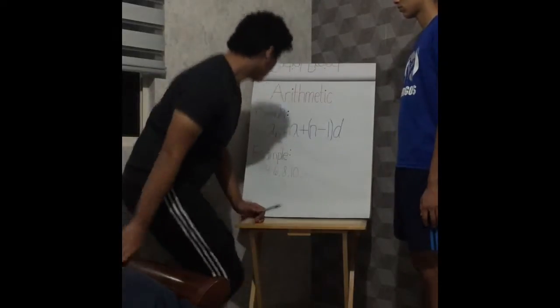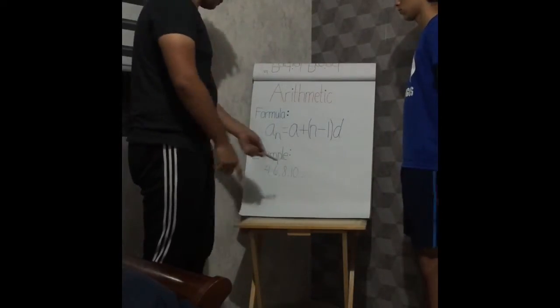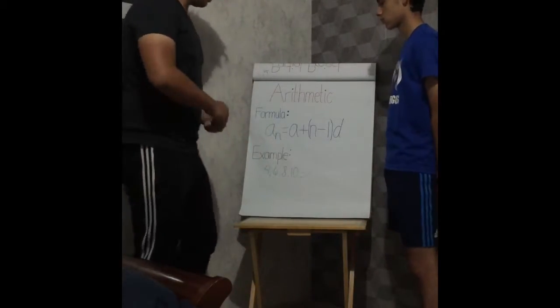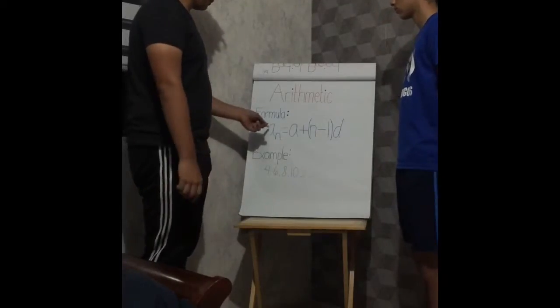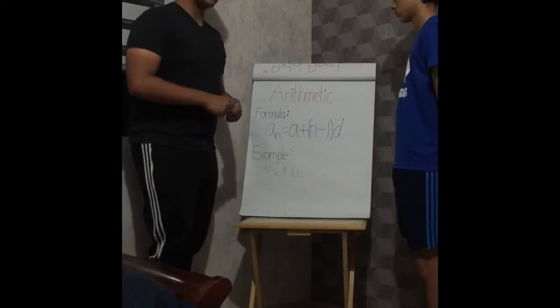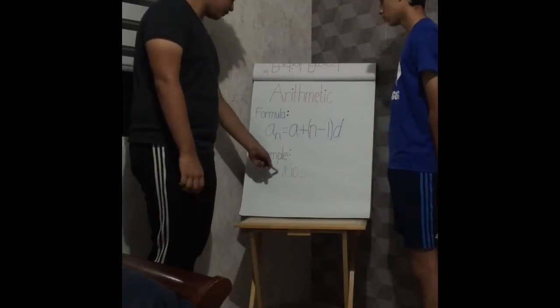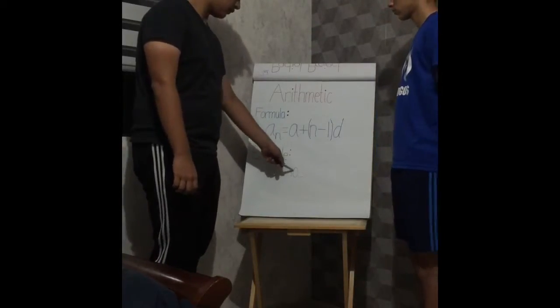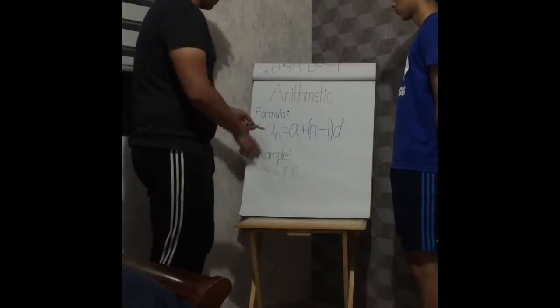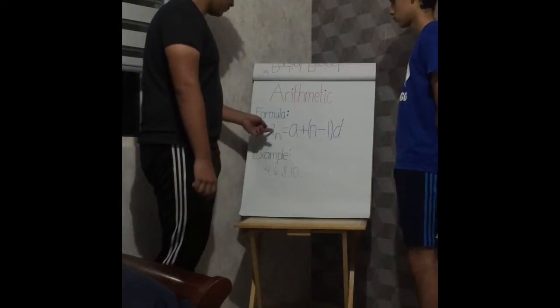So here, we want to find out the following term. We will use this formula of the arithmetic sequence to get the term we need. In this case, it's the first, second, third, fourth, fifth term. So we'll find the fifth term.